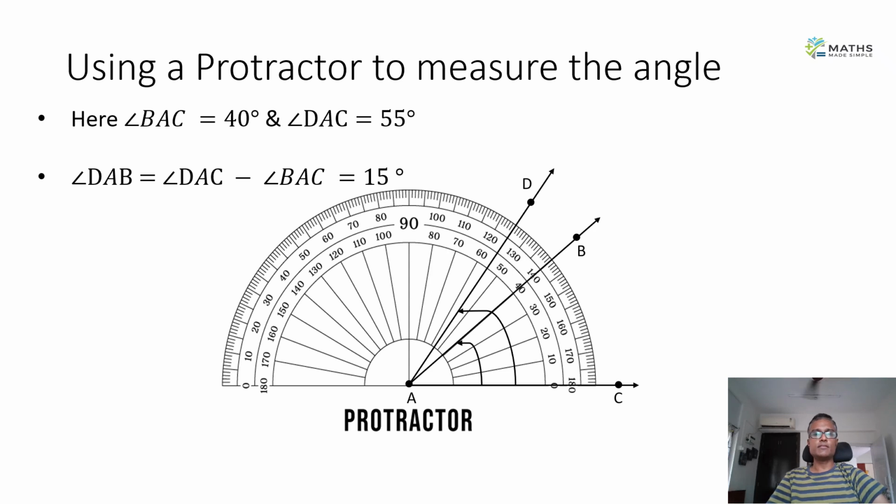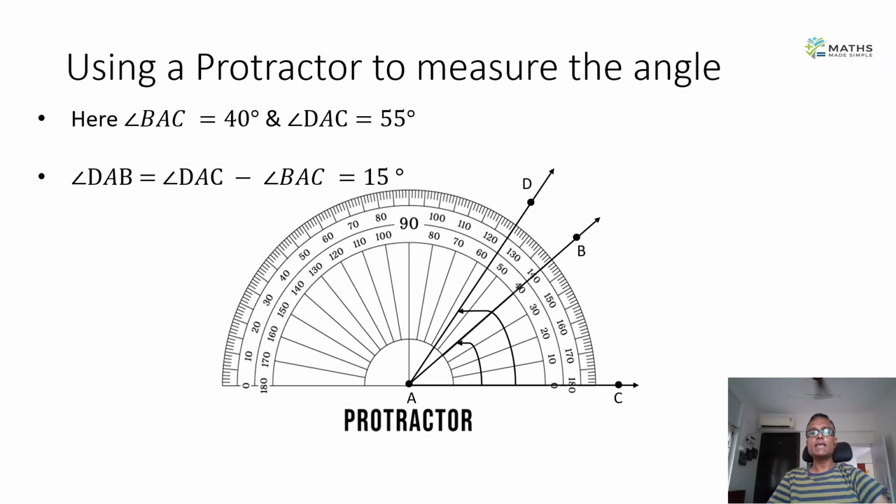Now take a look at this picture. How do we figure out angle DAB? Now there are two ways that this could be done. We measure angle DAC and then we measure angle BAC and then find out the difference between the two, which is nothing but angle DAB.